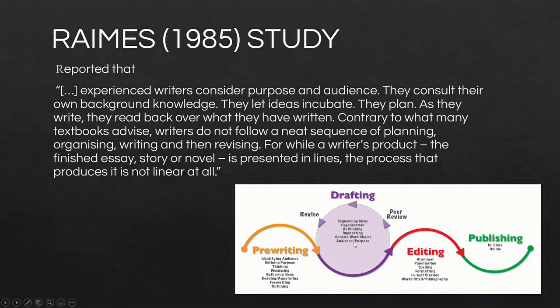And having a sense of audience is going to give us a clear idea of what kind of language to use, and setting up goals is also going to help us direct our piece of writing more straightforwardly. Now this process here is to be done, as you can see, in a recursive way. You should start doing something and come back to that something later on in the process.